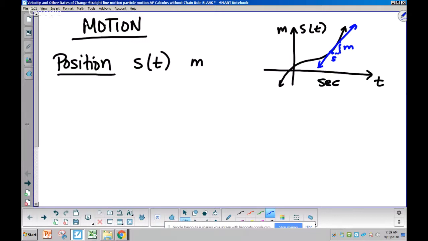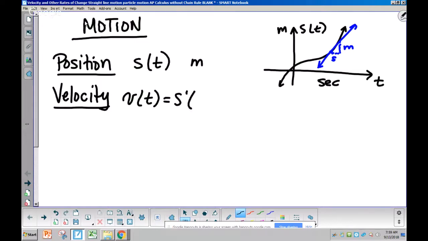So velocity is equal to the first derivative of the position function, and its units will be meters per second.